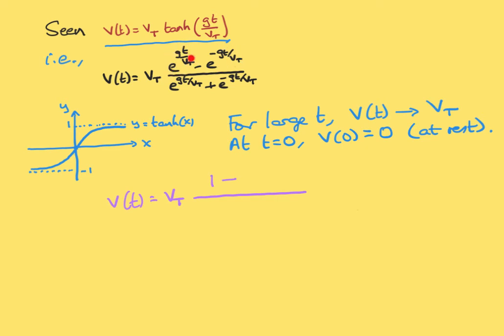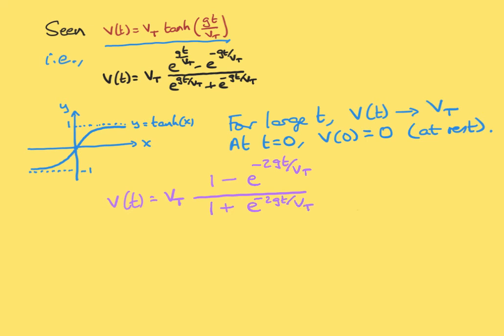If we're dividing it again, we're going to get 1 minus this exponential squared. And from the rules for powers, we just say this is minus 2gt over vt. And in the denominator, it's 1 plus e to the minus 2gt over vt.